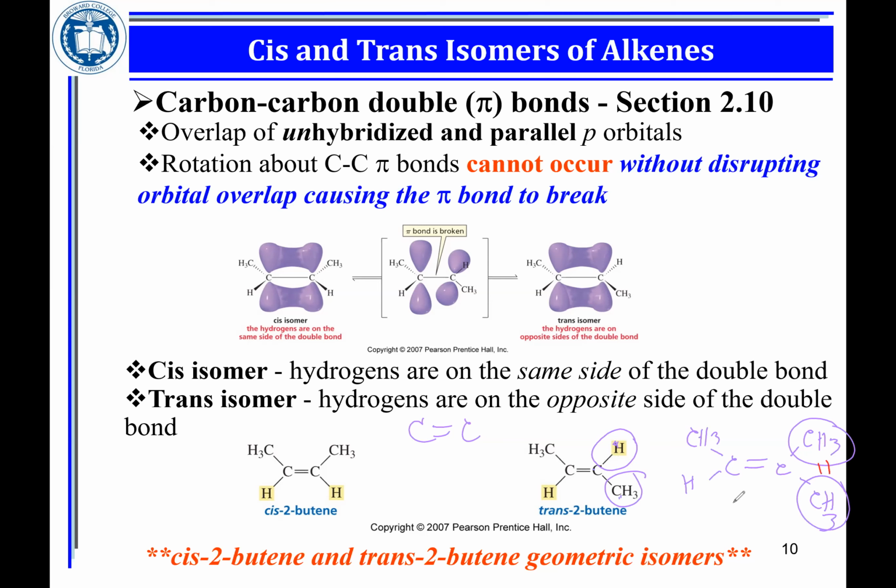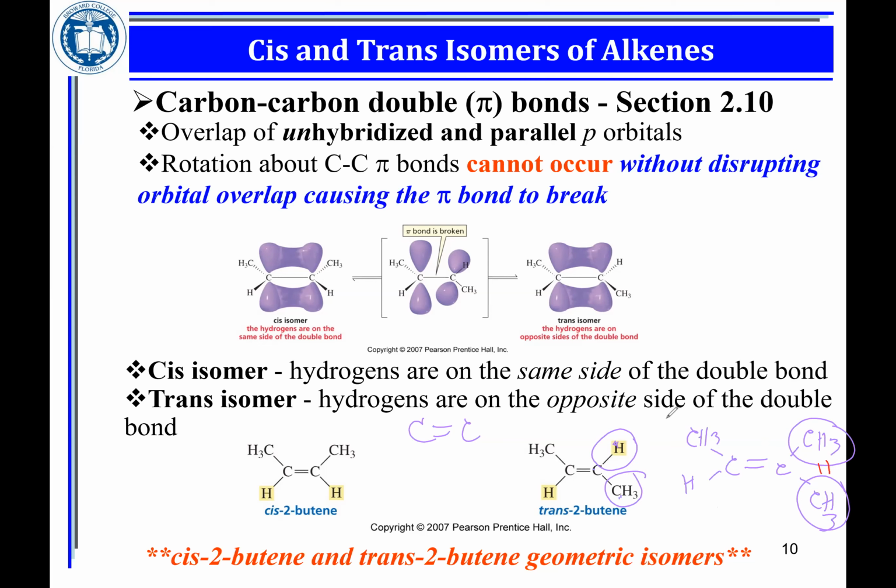Since they are the same, it's going to be neither, so not cis or trans. Cis-trans does not apply to this molecule. You just say it as 2-methyl-2-butene, because that's the name. You cannot say cis or trans.